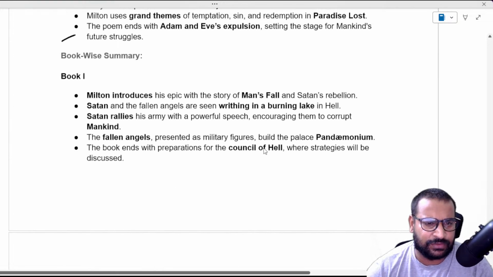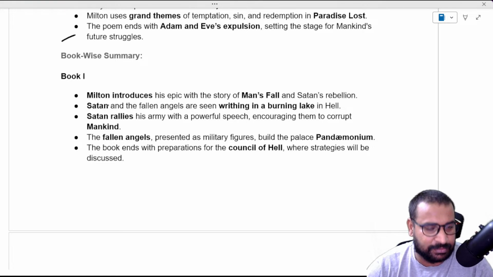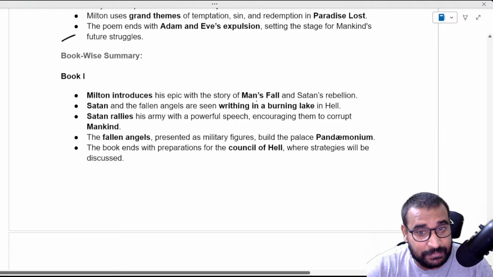So first, what happens in book one is that Milton starts his poem, right, and he introduces his epic with the story of man's fall and Satan's rebellion.